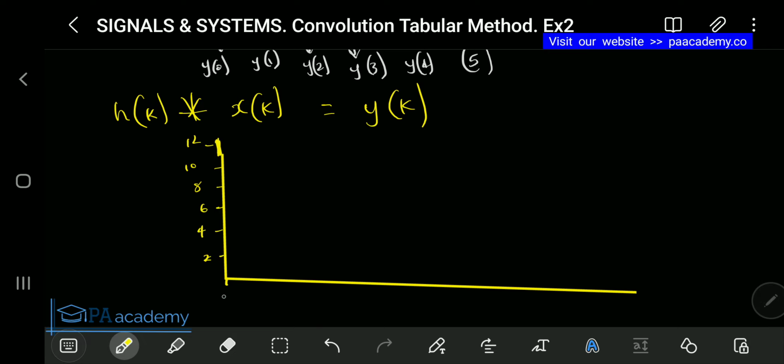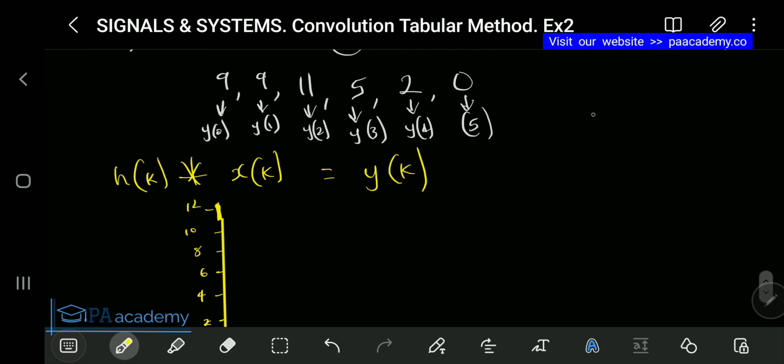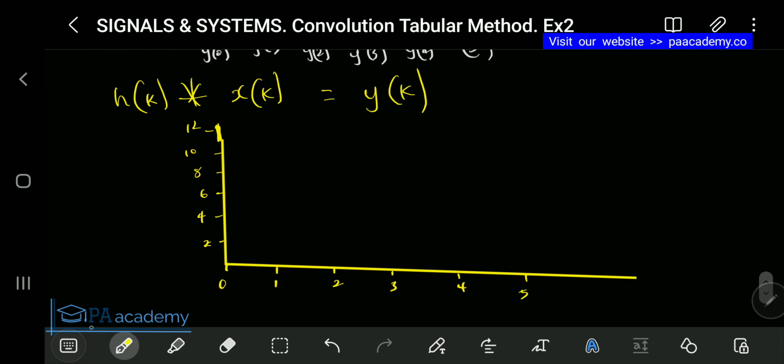And then, so this is 0, 1, 2, 3, 4, and then 5. Alright, so let's do this. At 0 it is 9. So 9 should be somewhere here.